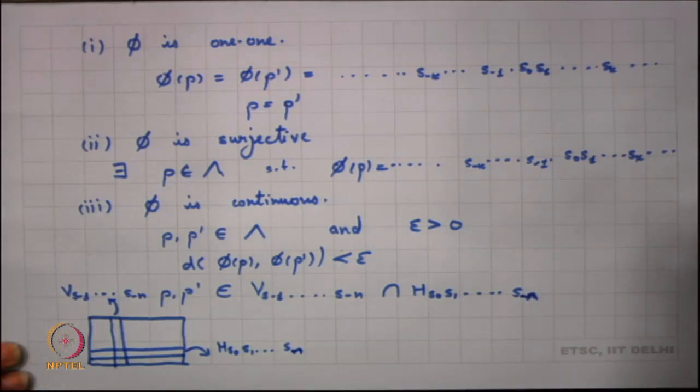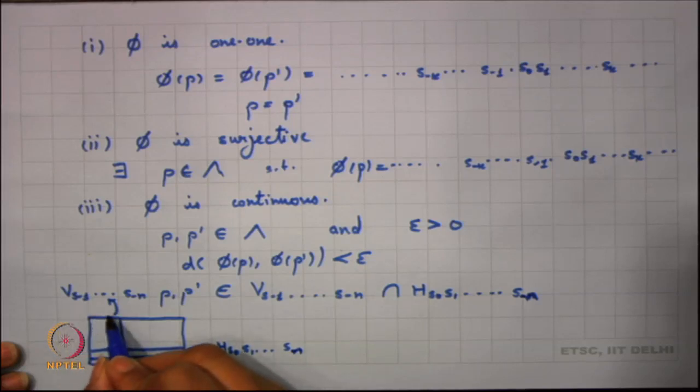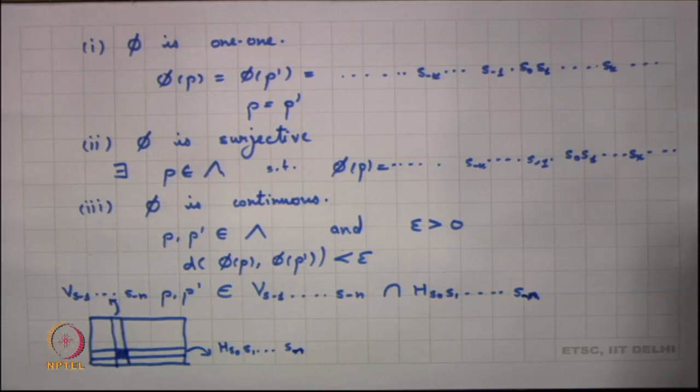Now, that means my p and p prime both belong to this region, this intersection of these two rectangles. And what happens to these rectangles if I see that the width of this happens to be lambda to the power n.